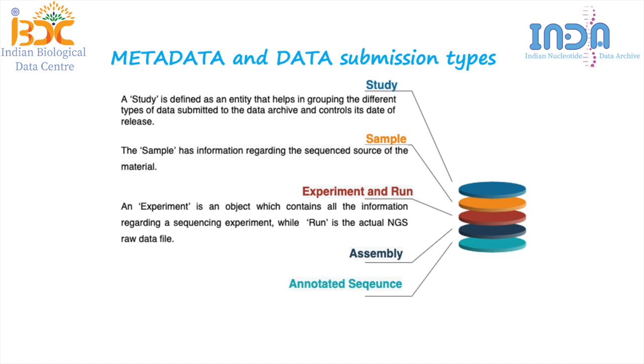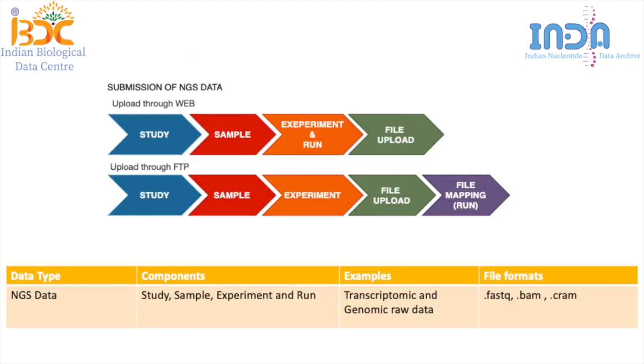IBDC and INSDC accessions will be simultaneously provided for the study, sample, experiment, run, assembly, and annotated sequence submissions. For NGS data submission, the main components to be registered are study, sample, and experiment.